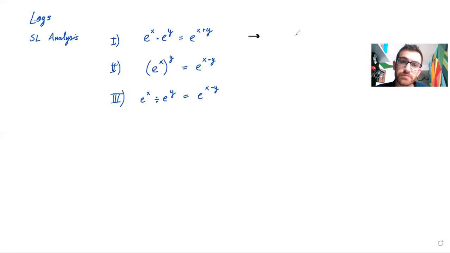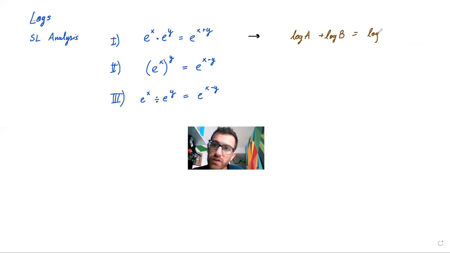So, for example, because we multiply powers and we add exponents, it means that when we want to add logs, we are able to recombine it in the form of a multiplication. So if you multiply a and b, take the log of that.